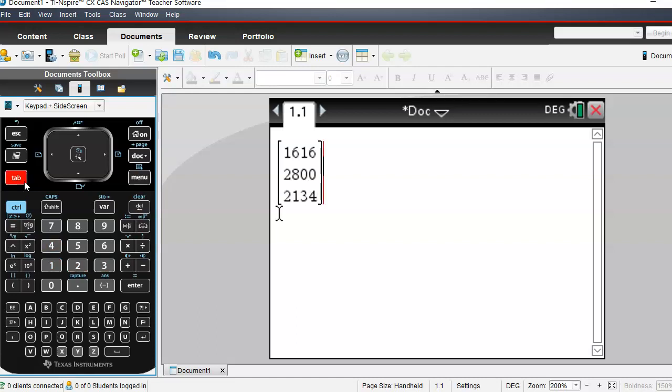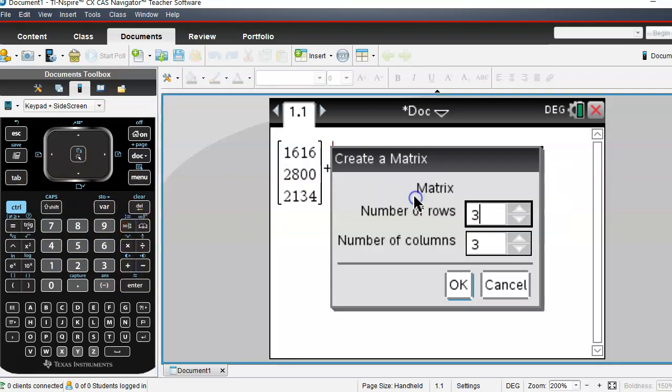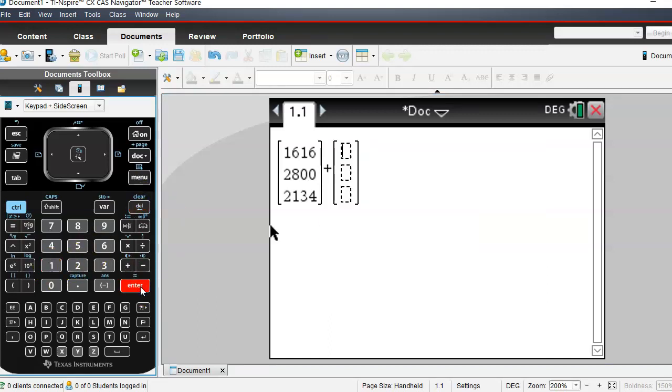Okay, plus our D. So again, 3 rows, 1 column, and D is 50, 50, 50.